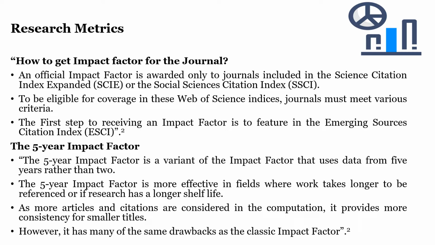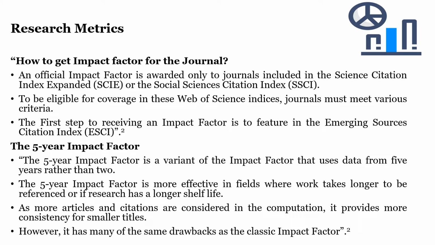Now, how to calculate the 5-year impact factor? The 5-year impact factor is a variant of the impact factor that uses data from 5 years rather than 2 years. Normally, the data used is for 2 years; for the 5-year impact factor, we include the data of 5 years. The 5-year impact factor is more effective in fields where work takes longer to be referenced or if the research has a longer shelf life.